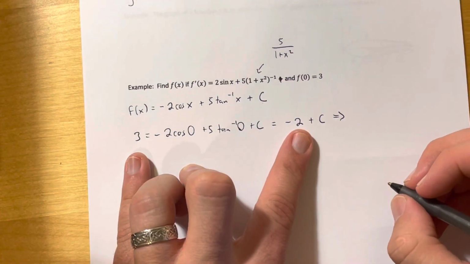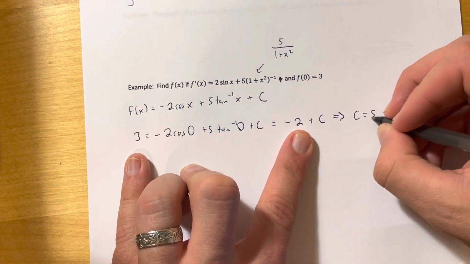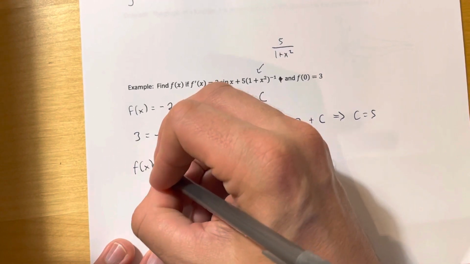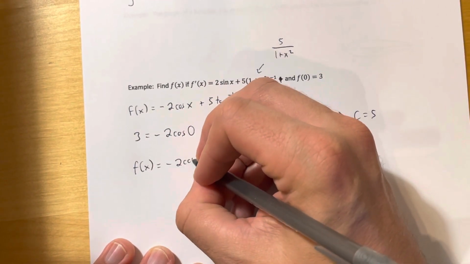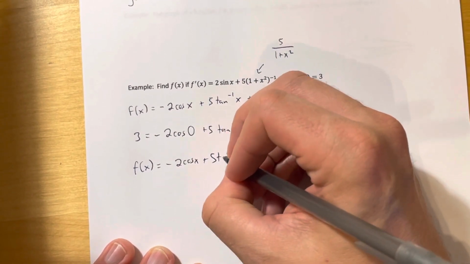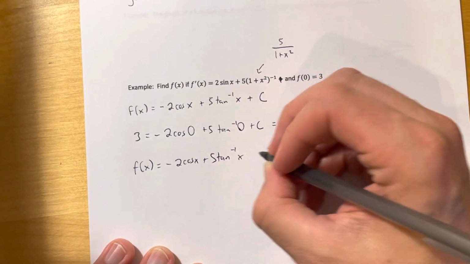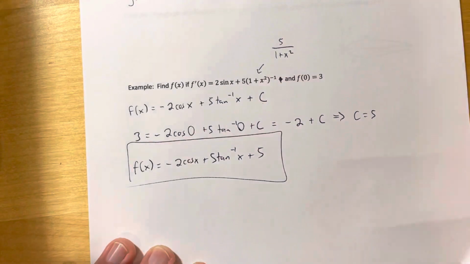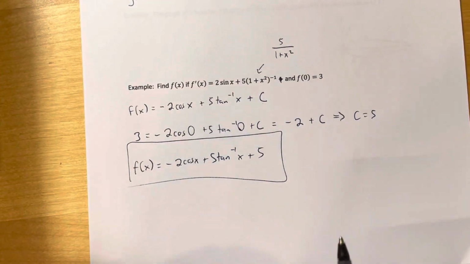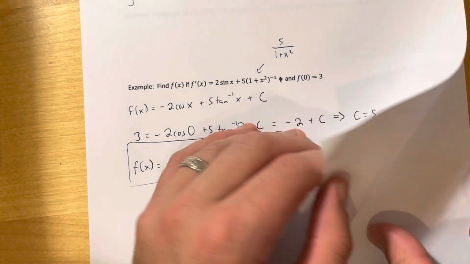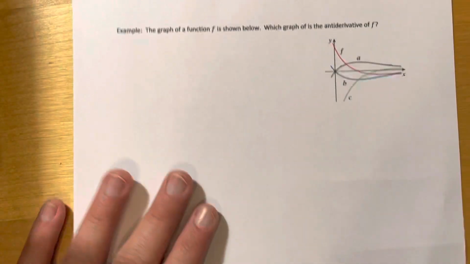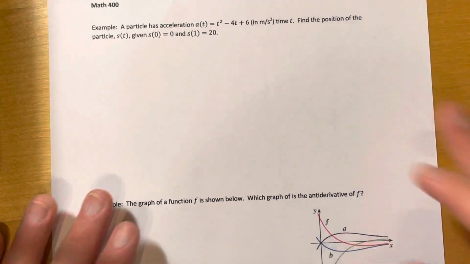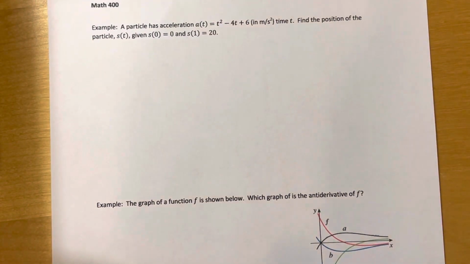Adding a 2 to both sides gives me c equals 5. So the function that I'm looking at, f of x, is -2 cosine of x plus 5 inverse tangent of x plus 5. Notice now I have a specific function where that constant is known. It's not just some arbitrary constant c. Okay? All right, next example.